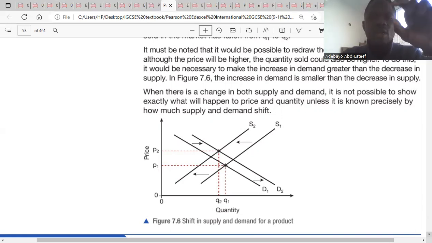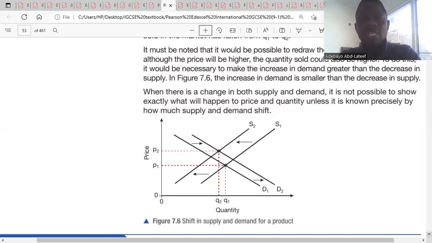An increase in demand will be represented in the demand curve as D1 to D2, a rightward shift, while a fall in supply will be represented as S1 to S2. At the same time, the price will move upward from P1 to P2. That's shift in supply and demand.